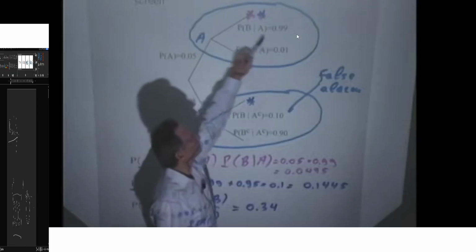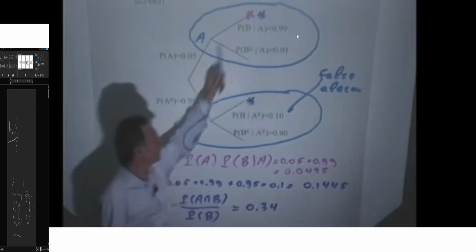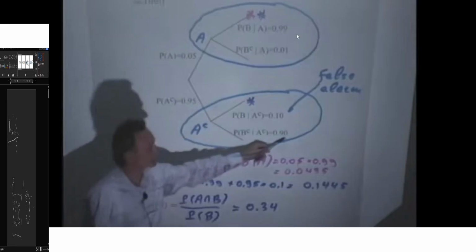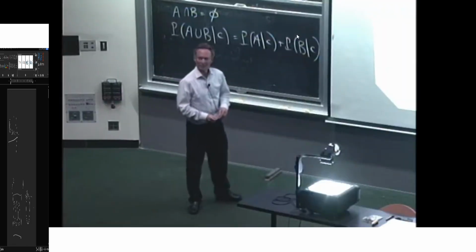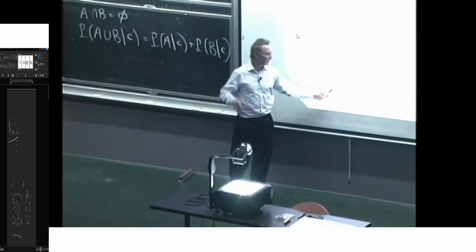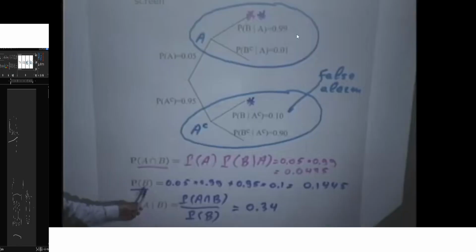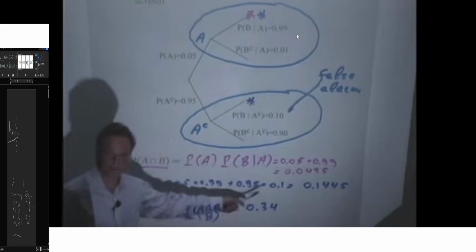In this situation, it gives you the correct answer 99% of the time. In this situation, it gives you the correct answer 90% of the time. So you would think that your radar is really reliable. But yet, the radar recorded something, and the chance that there is an airplane out there is only 30%.